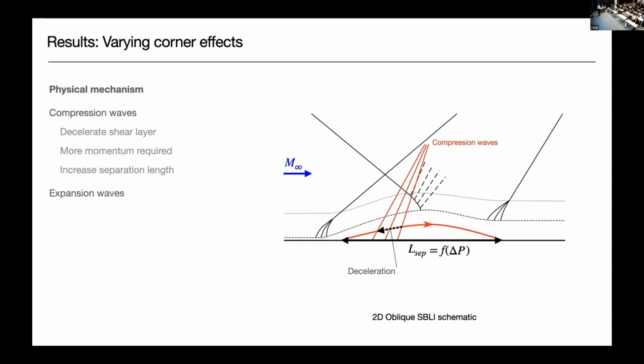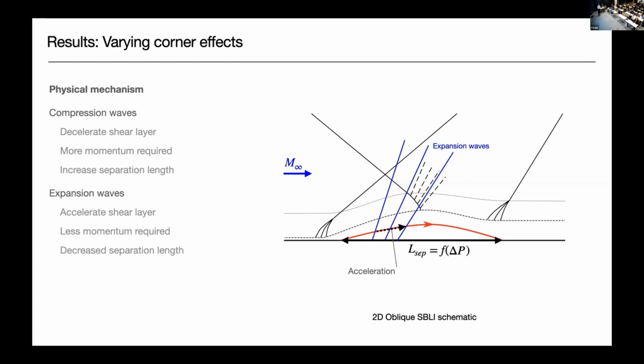We see an increased separation length. When we have expansion waves arriving, on the other hand, they act to accelerate the shear layer. And this means that less momentum is required and we get a decreased separation length. Okay. So that tells us something about how the separation length changes with these corner waves.